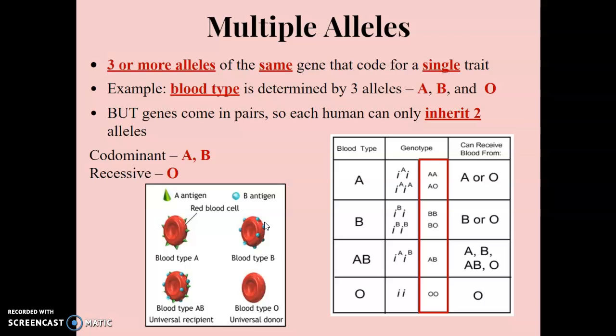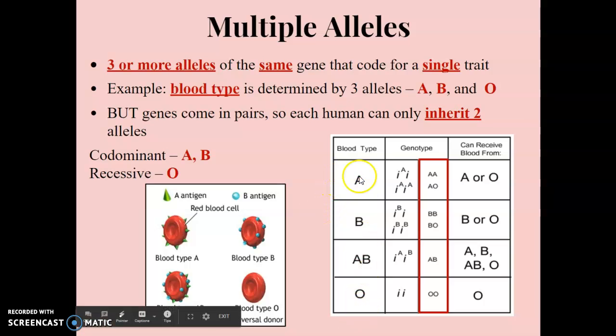Now, they're considered codominant because if you have an A allele and a B allele, you end up with both the A antigen and the B antigen on your red blood cell. Neither one of them overpowers the other and both are present, and so they're considered codominant. And then finally, O is considered recessive because in blood type O, you end up with no antigens on the red blood cell.